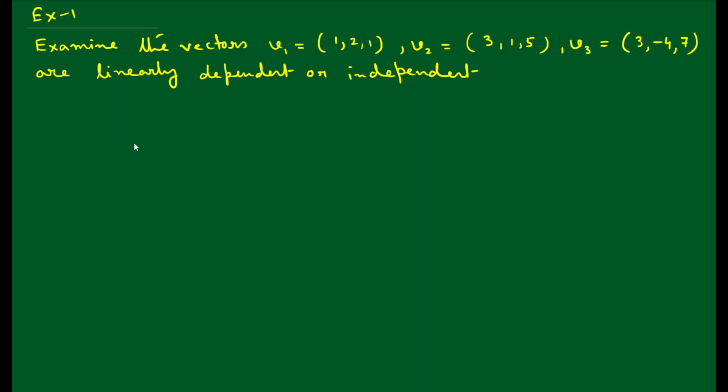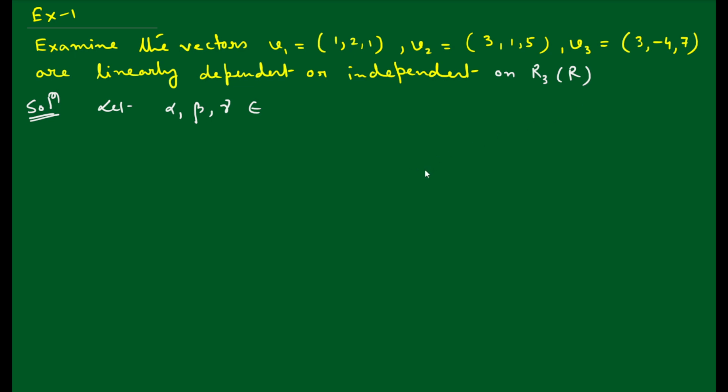Okay, now let us take one example. See, three vectors are given. So we have to check whether they are linearly dependent or independent. So how to start? Since there are three vectors, we need three scalars. Let us suppose alpha, beta and then gamma belong to, here no vector space is given, so let us write R cube. So R cube means what?